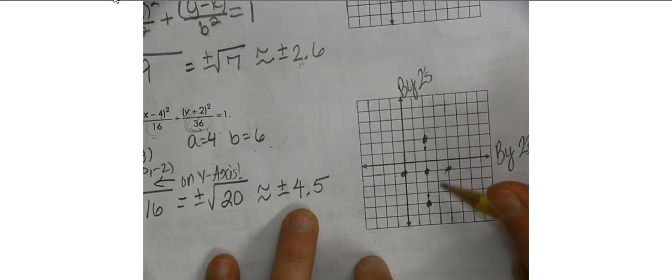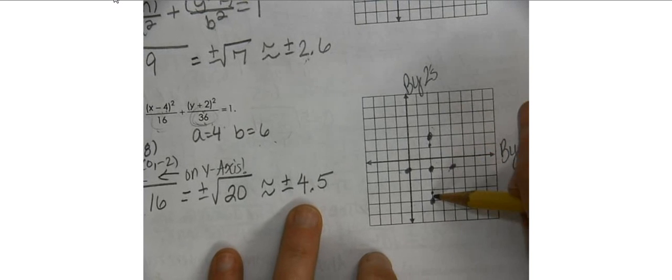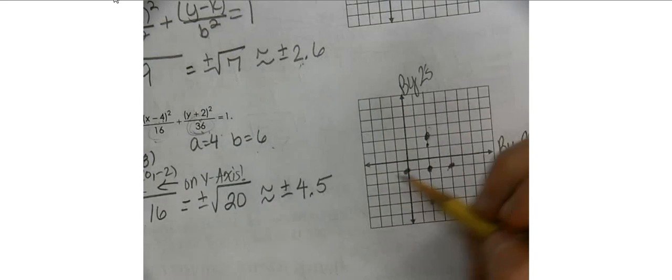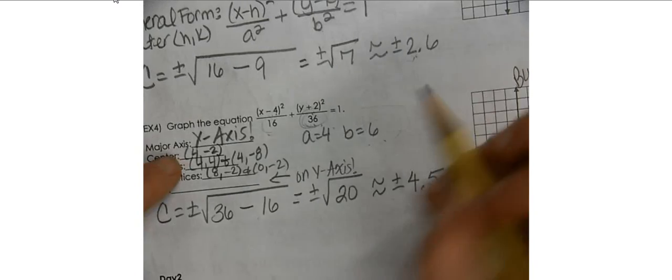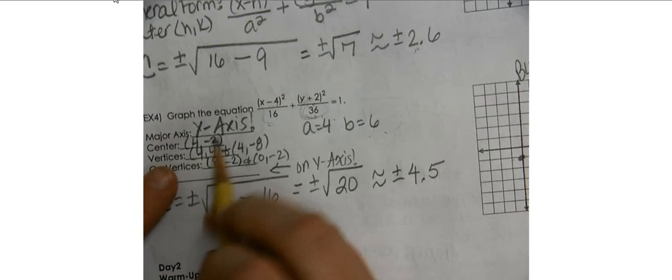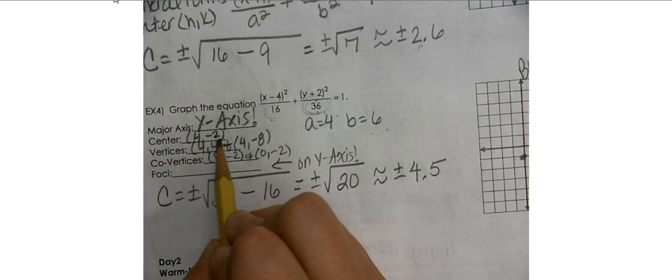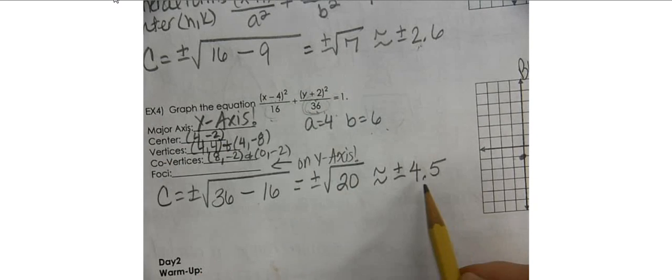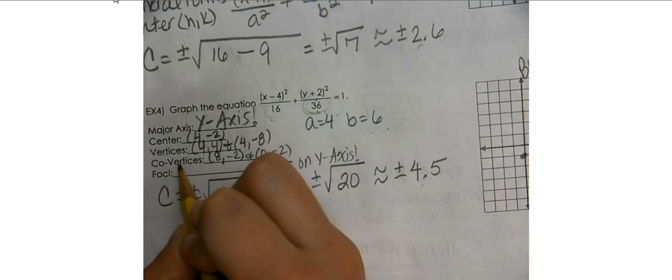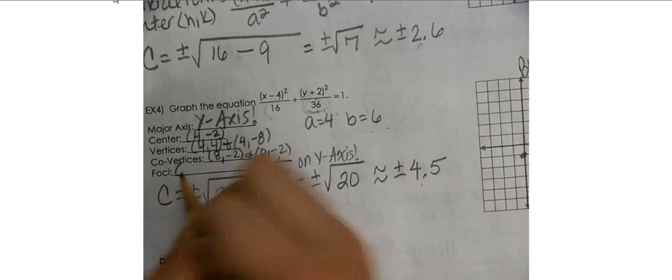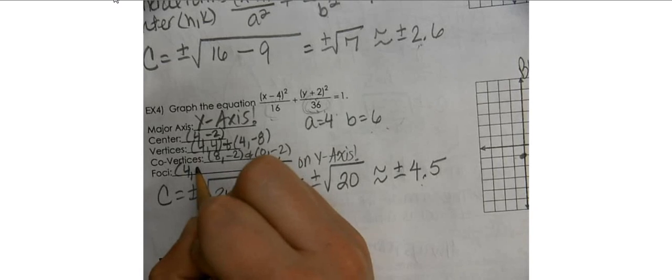And in order for me to identify what these points are, I'm going to simply take the y value of my center and add and subtract 4.5. My y value of the center is negative 2. So negative 2 plus 4.5 is equal to 2.5. So that is located at 4, 2.5.